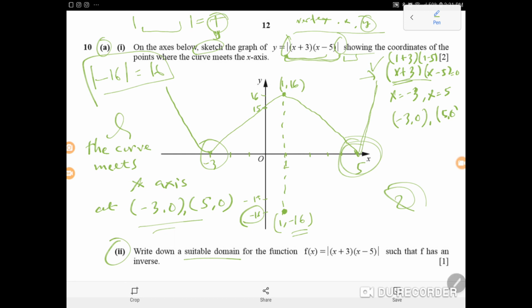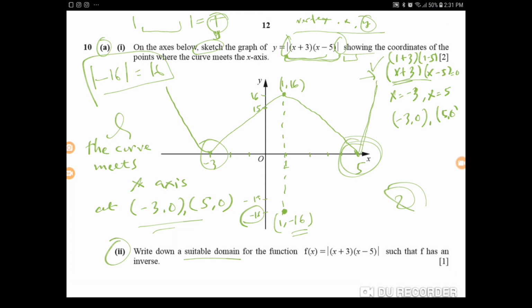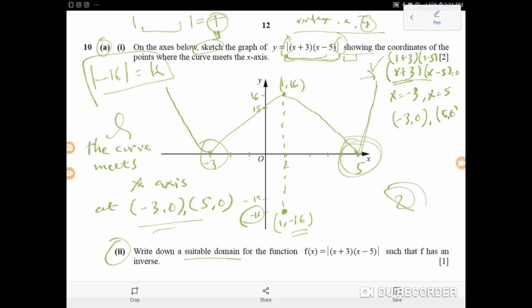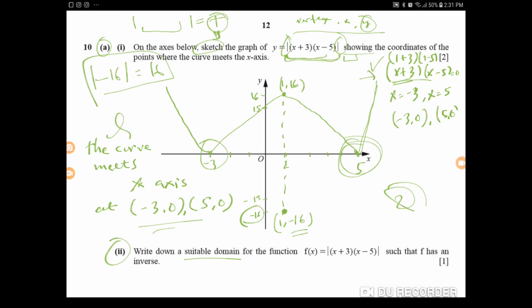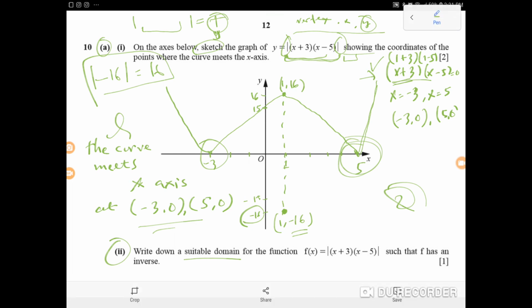By the way, for Sec 3 students who don't know what a domain is, it's alright, just come to Moblage 100, I'm gonna teach you there. So the domain here is basically, to make it one-to-one, there are many ways.